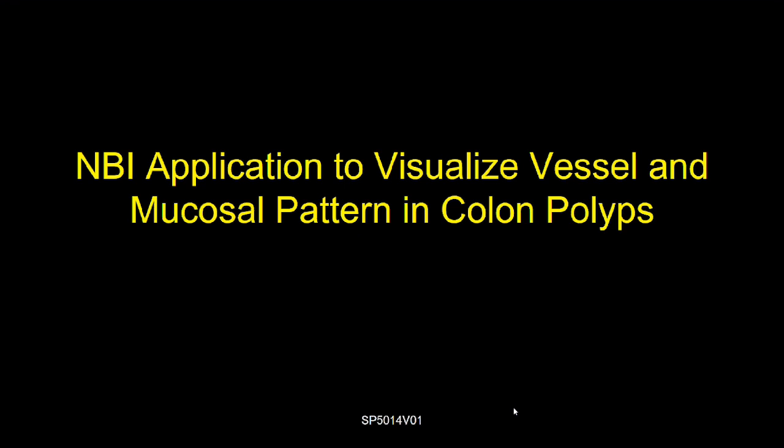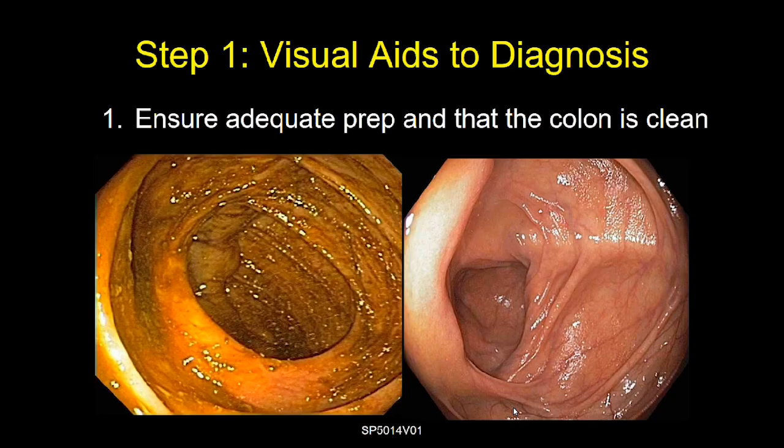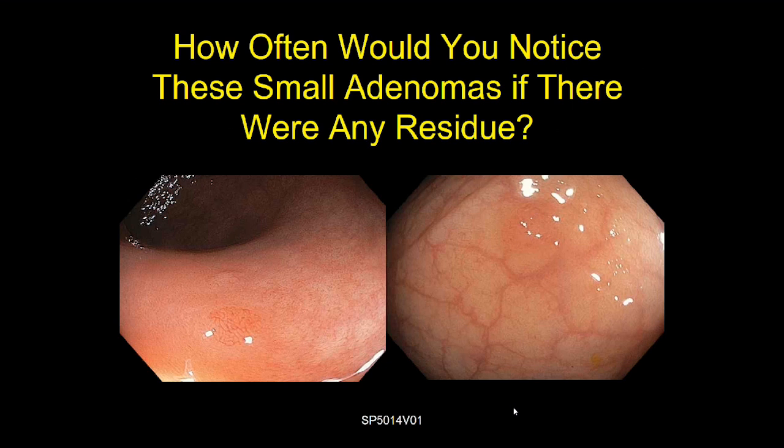So now let's turn to NBI application to visualize the vessels and the mucosal patterns. Now, the first step, of course, when you're using these advanced images is you have to have a clean colon. Now, we all say that, but this picture really illustrates it quite well. You're not going to be able to see many of the features on the image on the left. You really need to have a really clean colon in order to benefit maximally.